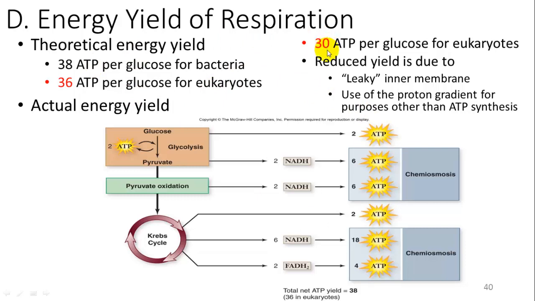There is some leaky inner membrane where some of those protons get through and don't go through the ATP synthase. And some of the proton gradient is used for purposes other than ATP synthesis. So in reality, you get 30 to 32 ATP per glucose.